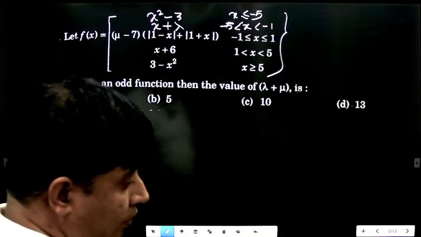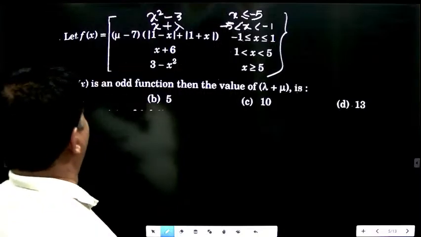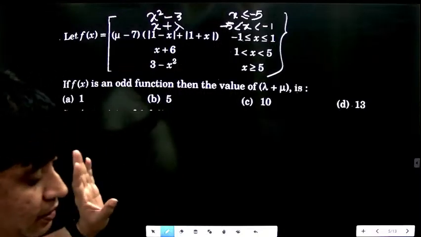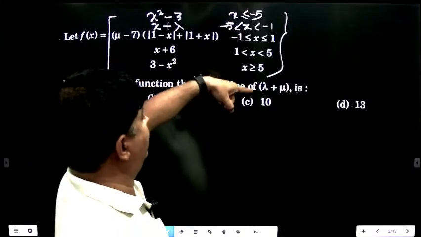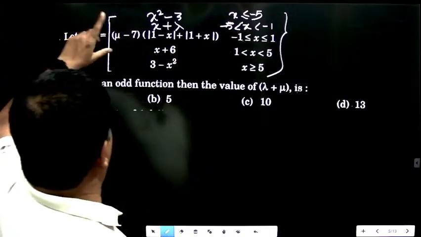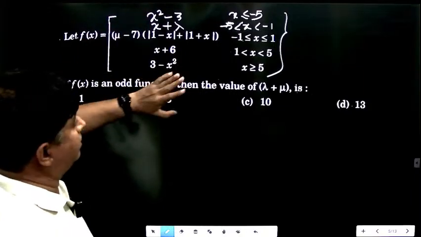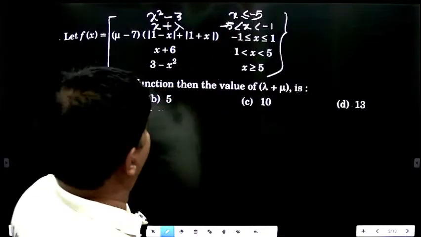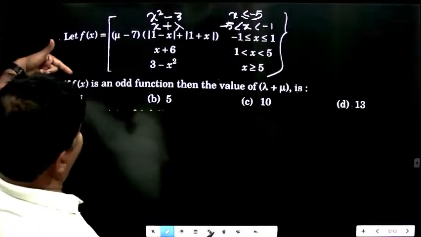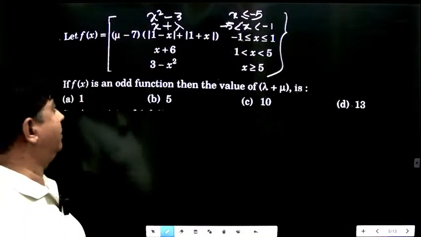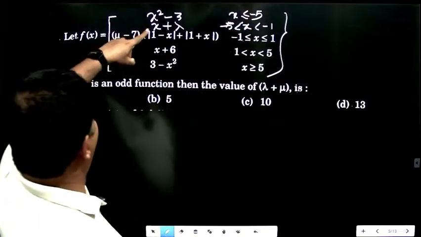So hope it is clearly visible. Yes, sir. Wonderful sum this is. We have to simplify it. So many intervals are given, and against each interval one function is described with a different form. Different intervals, and against each interval there is some functional value, a different expression of the same function. Suppose when x is less than or equal to -5, f(x) is this.